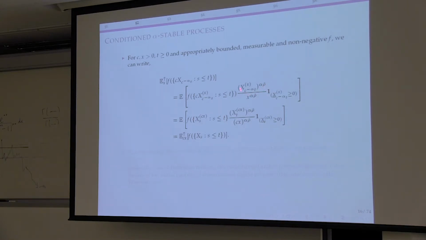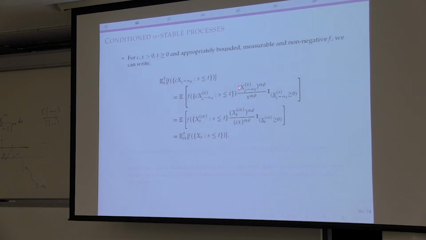Now the magic here is that because of this polynomial form, I can multiply by c to the power alpha rho hat and c to the power alpha rho hat here. When I do that, also here I can multiply by c, I'm looking at a functional here, all this stuff here is a functional of cx, c to the minus alpha up to time t, under the original measure when it's a stable process.